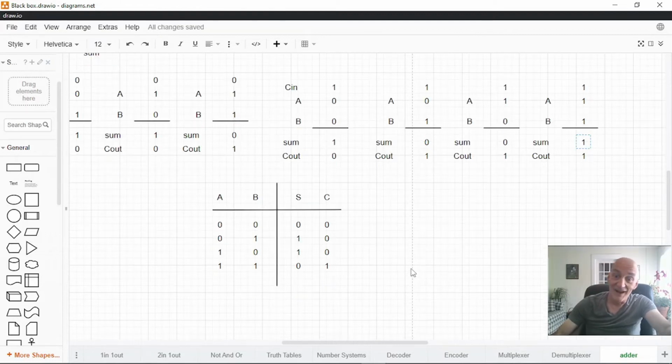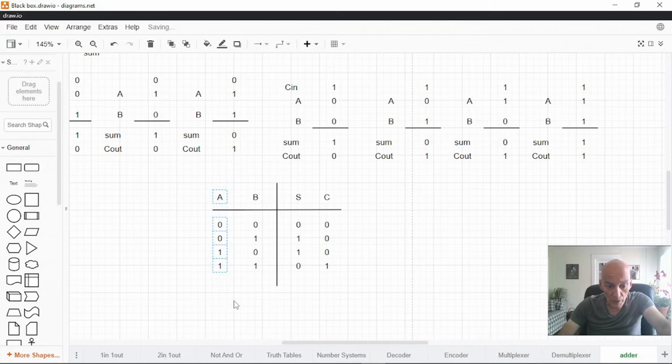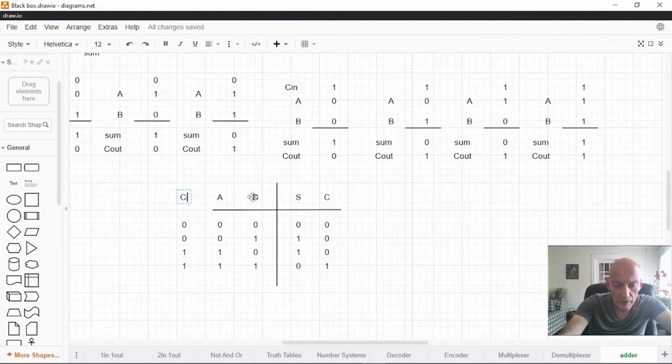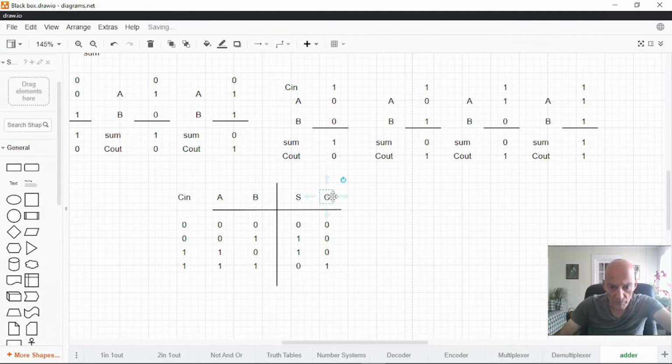To put that in a more friendly truth table form, we could have another input. This is going to be our carry in, which makes this our carry out.